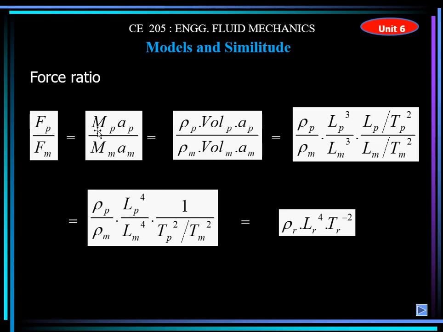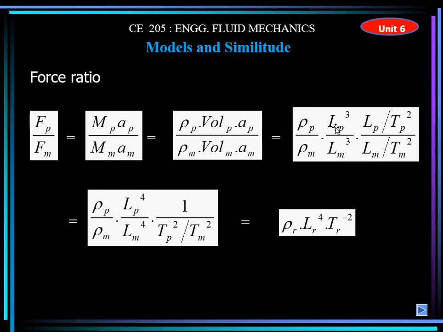Here we are talking about P, so all are P, and this we get at the top. Same thing we do with M, so we get the same thing at the bottom. This rho P over rho M is rho R, the ratio of the density. Generally, for making the model, we use the same material. So the material is the same for the model and the prototype, and that rho R will always be 1. Because both values are the same, generally in the question you will find that rho R is 1 unless it is given.